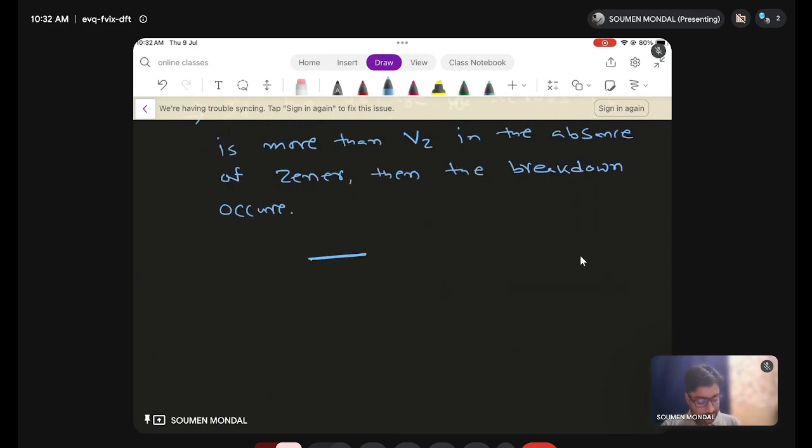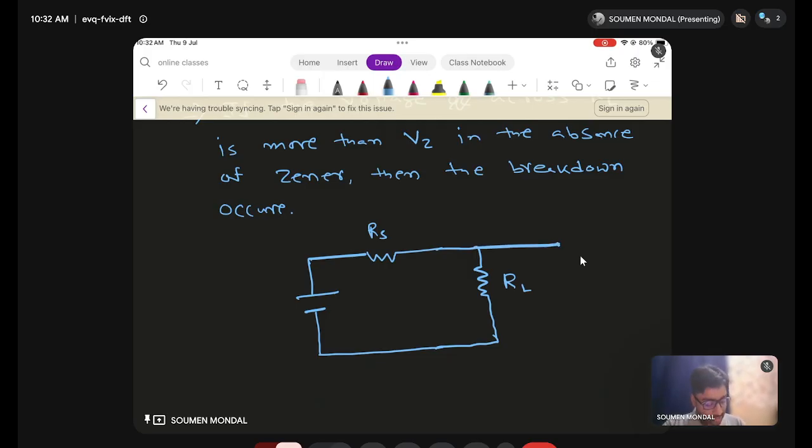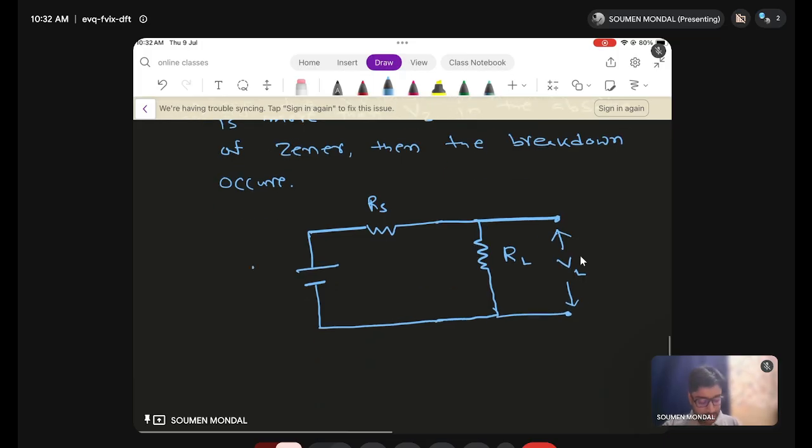So in our circuit, this is Rs, this is RL. Now there is no diode. Now if the voltage across the load becomes more than the Vz in the absence of this diode, then we can certainly say that a Zener breakdown will occur.